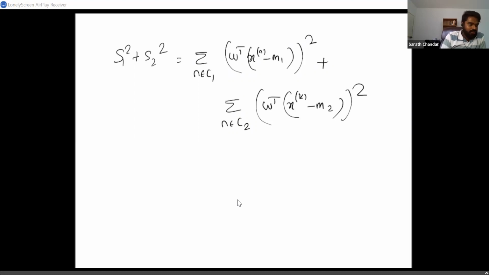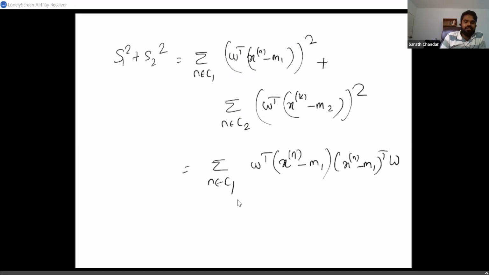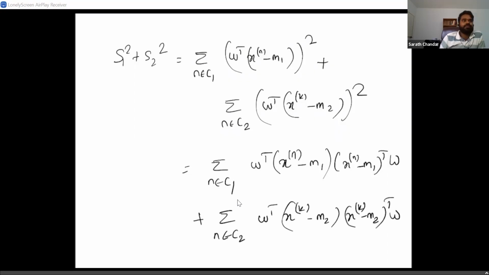So now this is given by summation over n belonging to C1, W transpose Xn minus M1, Xn minus M1 transpose W. I just expanded it internally. Plus the second term, summation n belonging to C2, W transpose Xk minus M2, Xk minus M2 transpose W.